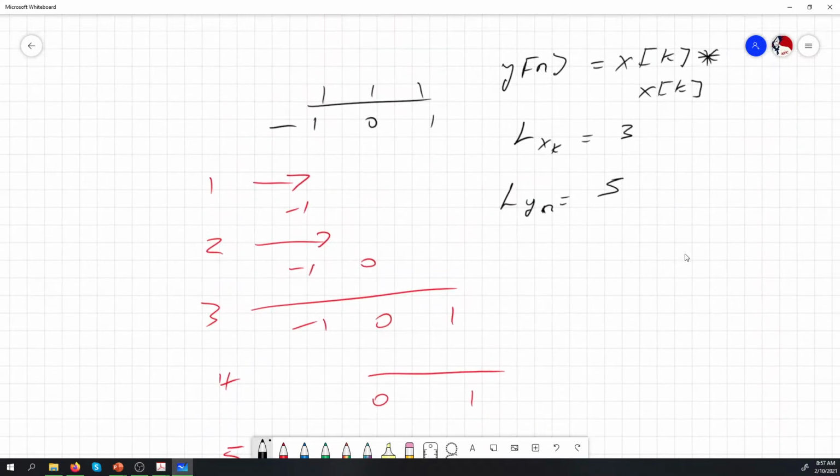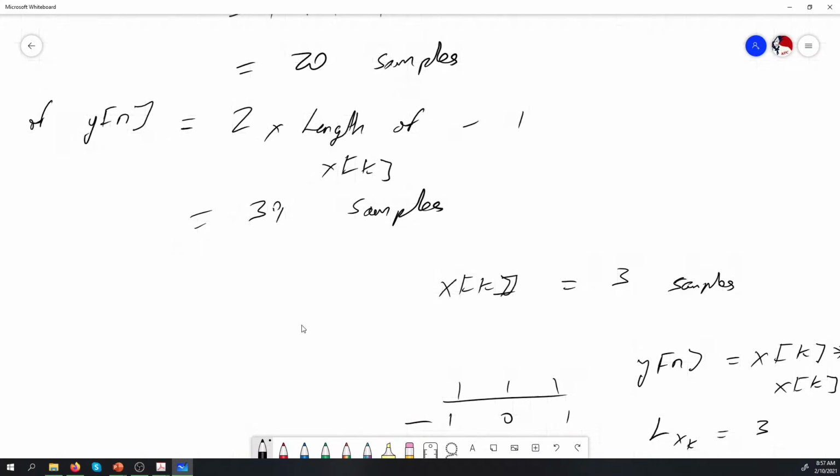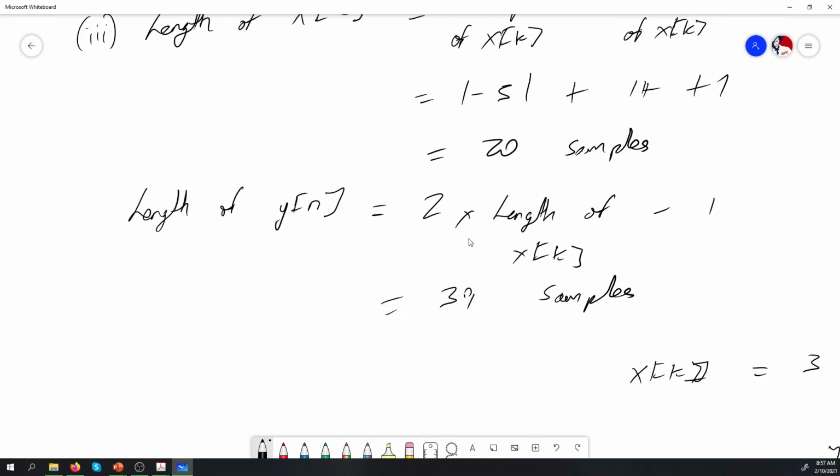So in formulating an equation for this, L y of n is equal to 2 L x of k minus 1, which is 2 by 3 here minus 1, gives us 5, which basically formulates our equation here for the length of y of n being up to 39 samples.